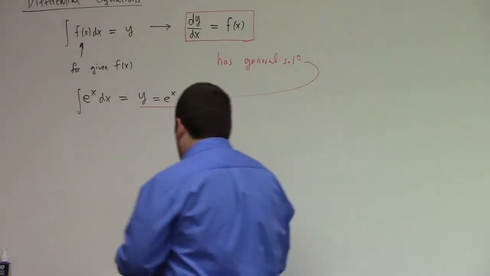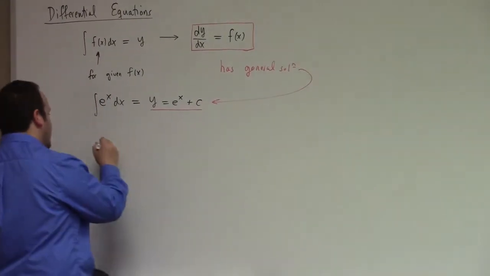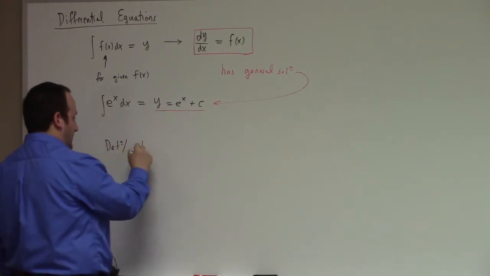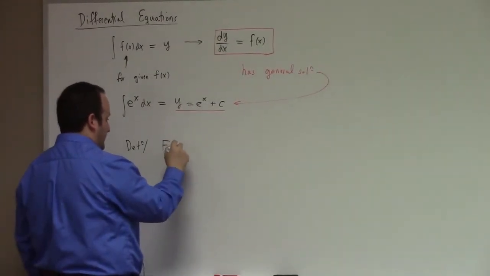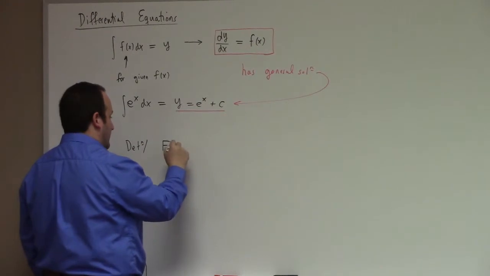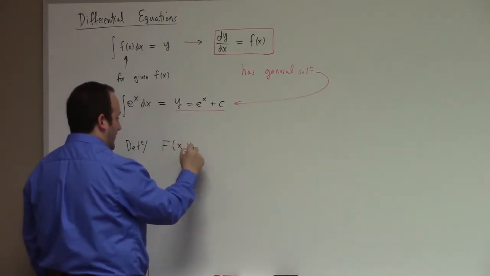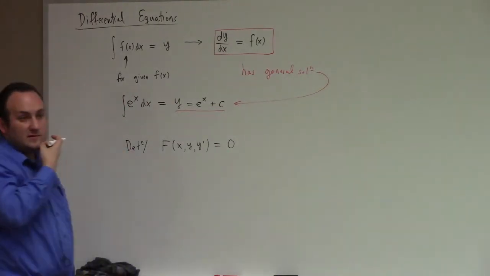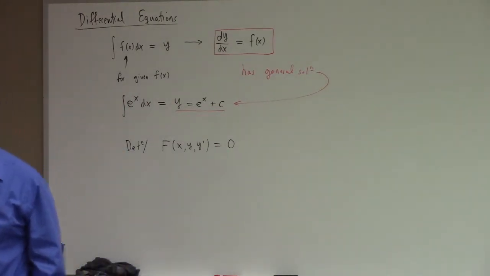But you can look at a much more general class of differential equations. Generically speaking, and this will be a somewhat sketchy definition, if you have a function of 2 variables, really, well, maybe 3, let's say x, y, and y prime equals 0, then this is a first-order differential equation.